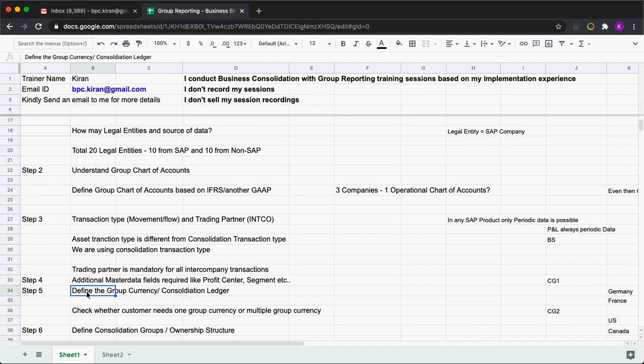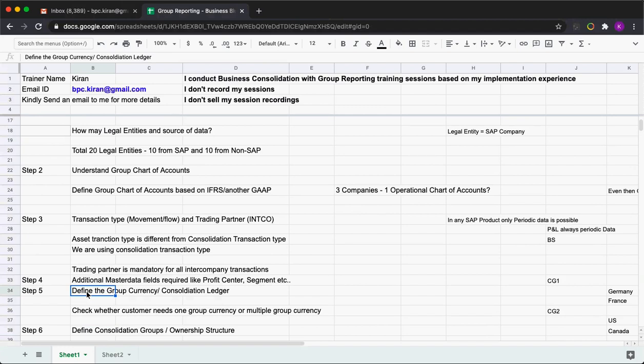They can have any number of consolidation groups, like case 1, case 2, case 3, case 4, not an issue. So list out the consolidation groups, and for each consolidation group, the group currency.